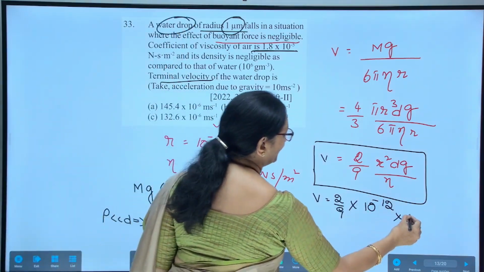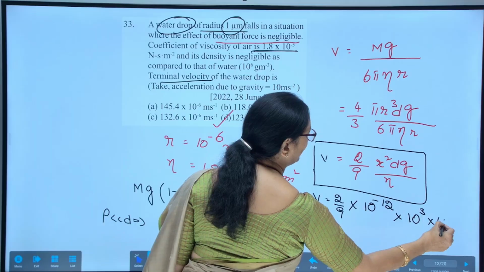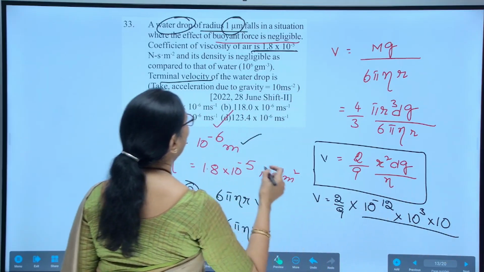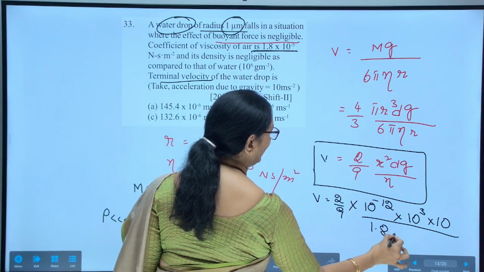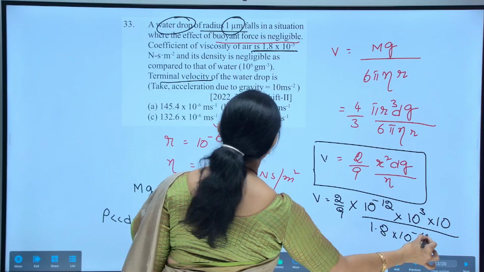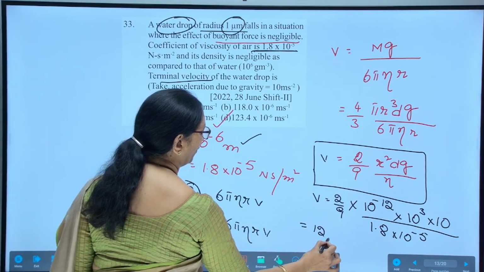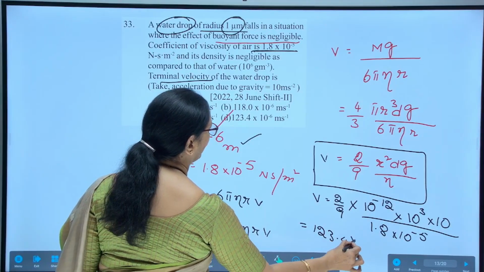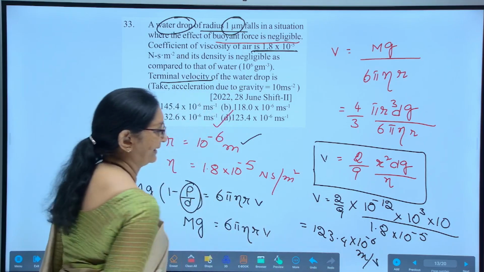So, water drop density is 10 cube, g is given as 10 meter per second square, and eta is given as 1.8 into 10 to the power of minus 5. On simplification, we are getting it as 123.4 into 10 power minus 6 meter per second.